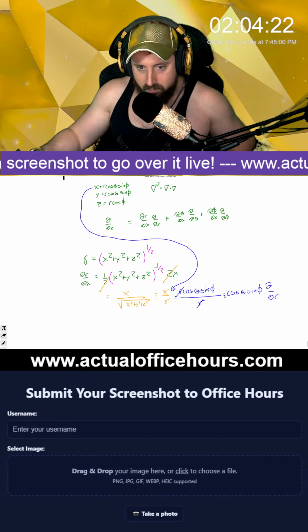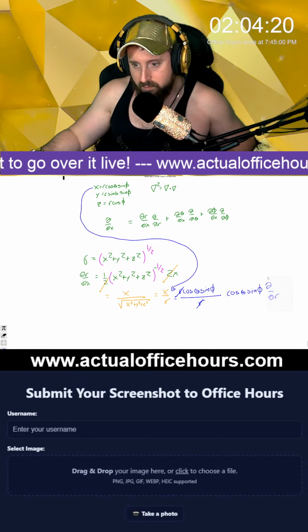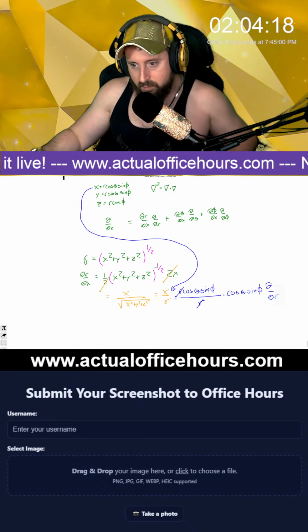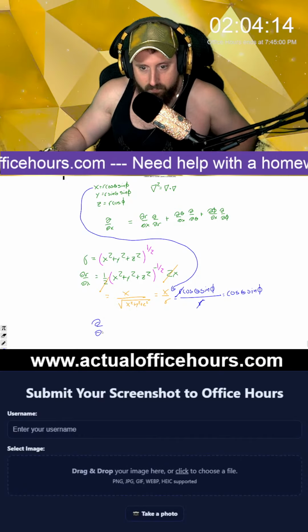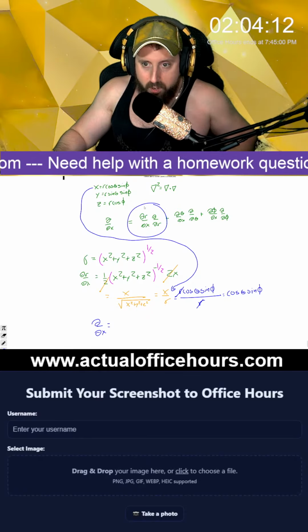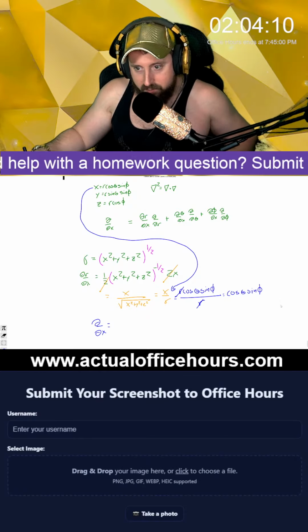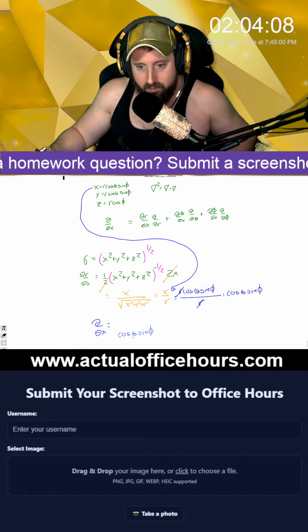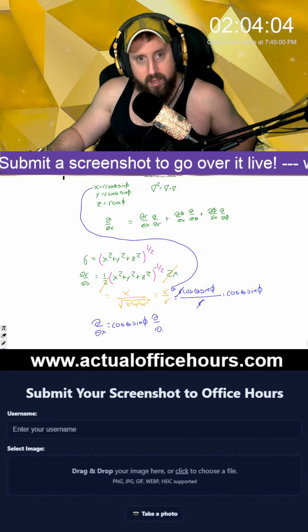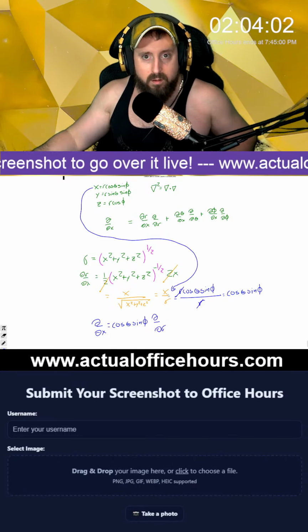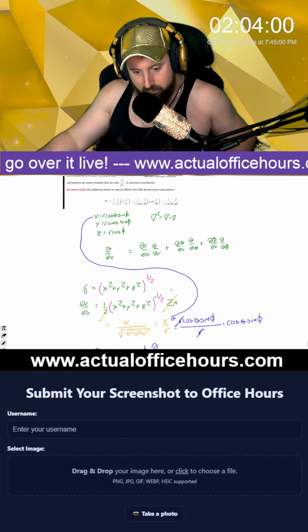Yeah. And so d/dx technically is cos θ sin φ d/dr, but that's only one component of it. We also still have to do the dθ/dx component, and the dφ/dx as well. Okay, not too bad.